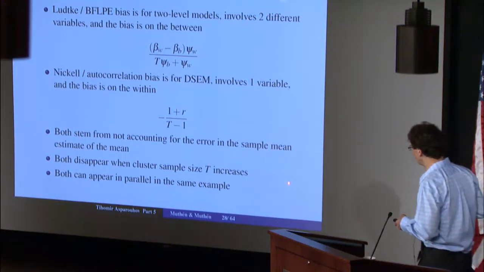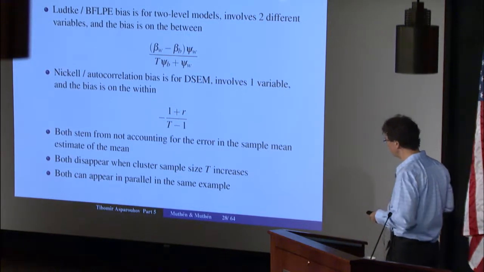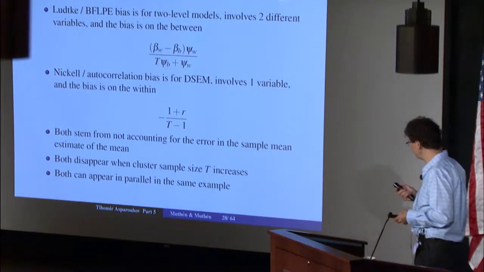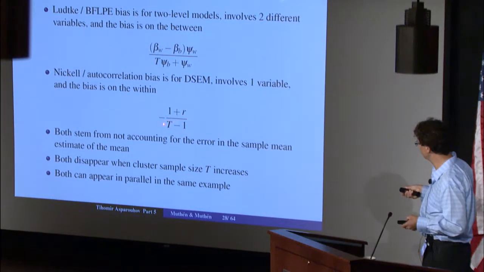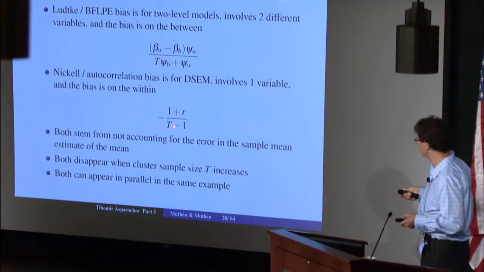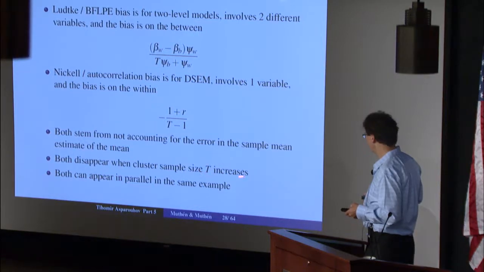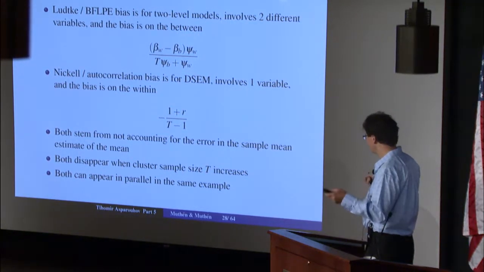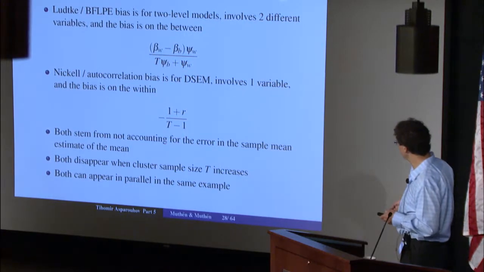And both stem from the fact that you use the sample mean instead of the actual true mean, which is unknown. Both of these biases clearly disappear when t increases. As t increases, t is in the denominator in both, so the bias becomes near zero for large t, for large cluster sample sizes. And both biases can actually occur in the same example.